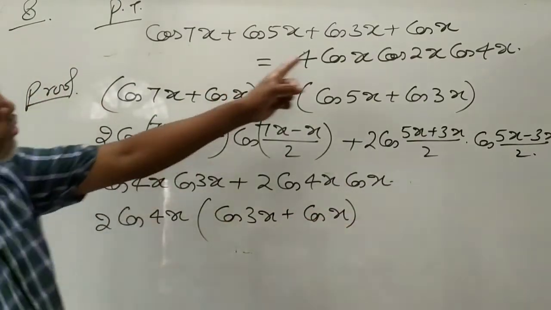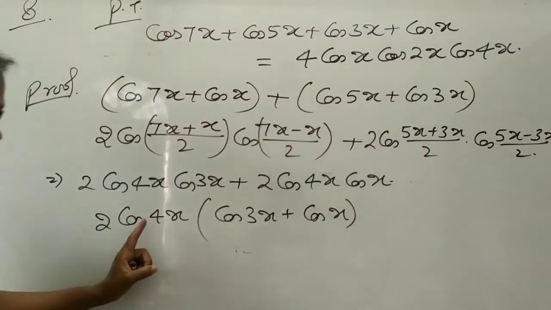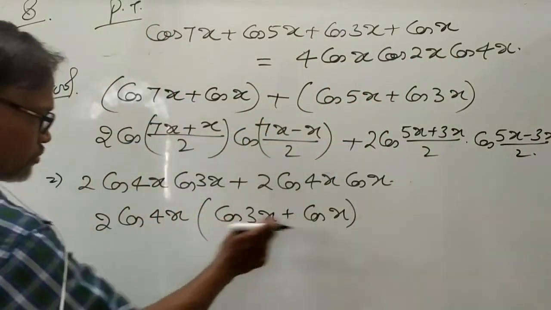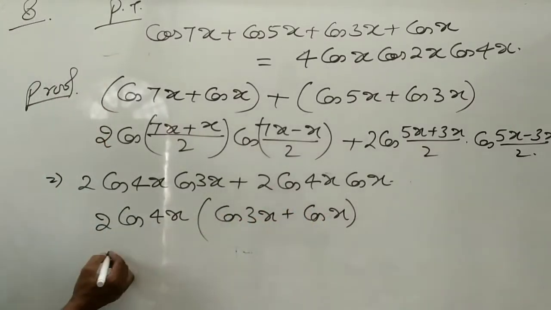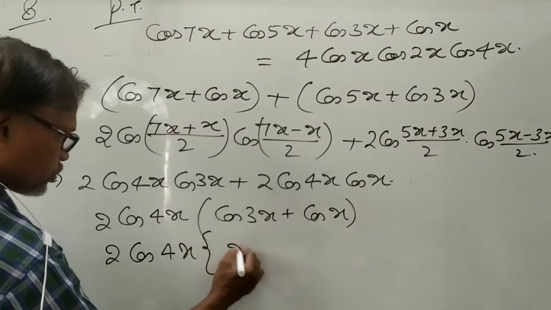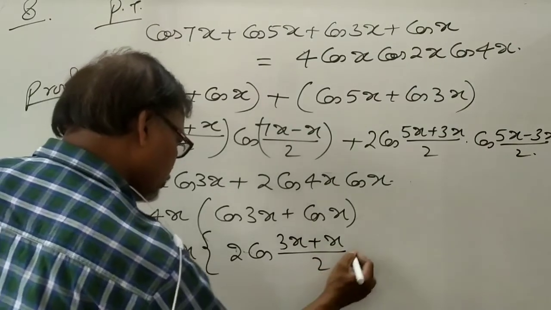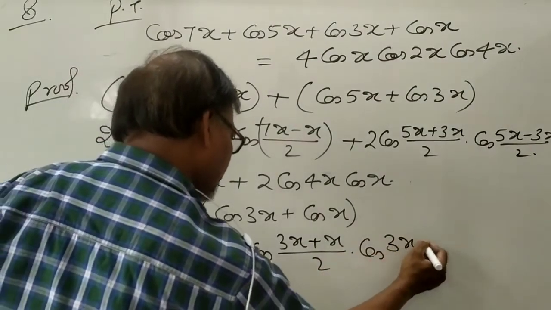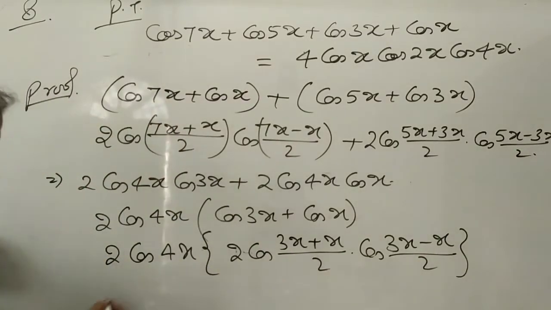अब देखिए जो प्रूव करना था 2 cos 4x तो आ ही गया, एक टर्म तो आ गया, अभी और भी आ जाएगा by using this one. Again use the formula cos C plus cos D, so 2 cos 4x, 2 cos (3x+x)/2 and cos (3x−x)/2 and then simplify.